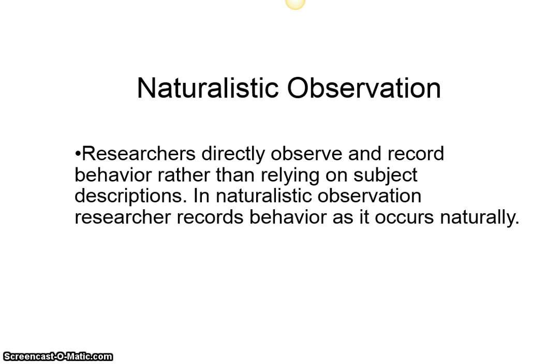Let's look at naturalistic observation, the first type of descriptive research. This is the systematic observation and recording of behaviors as they occur in their natural settings. So there are several advantages to naturalistic observation. One is that it allows researchers to study human behaviors that cannot ethically be manipulated in an experiment.